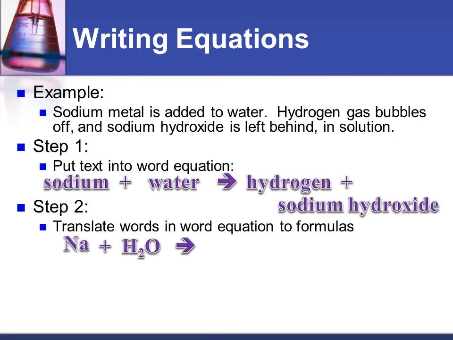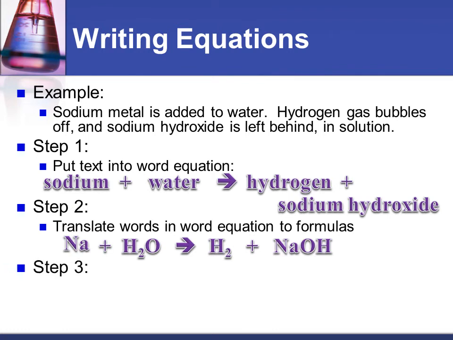That means that instead of writing just an H, it's going to be H2. Hydrogen is never by itself; it always runs around in pairs. We add our plus sign, and then sodium hydroxide. You look up the formula for sodium, look up the formula for hydroxide, and switch the charges. Sodium is plus 1, hydroxide is minus 1, and there you go. This one wasn't hard because there weren't any hard charges to switch.